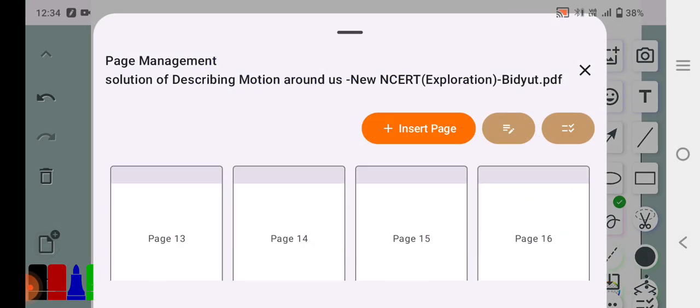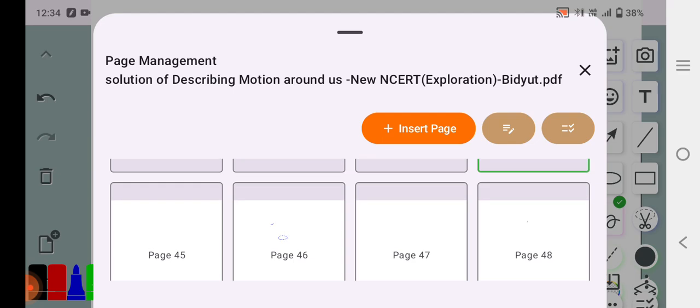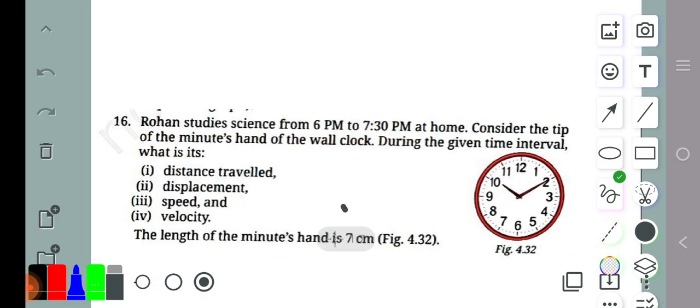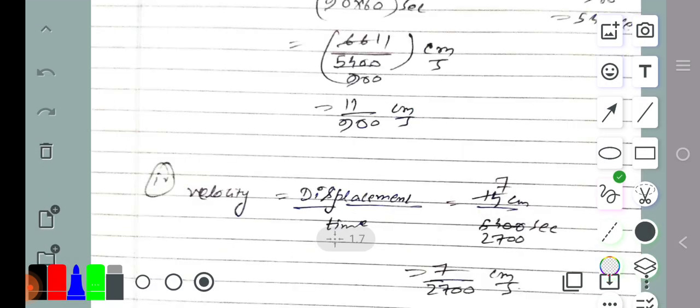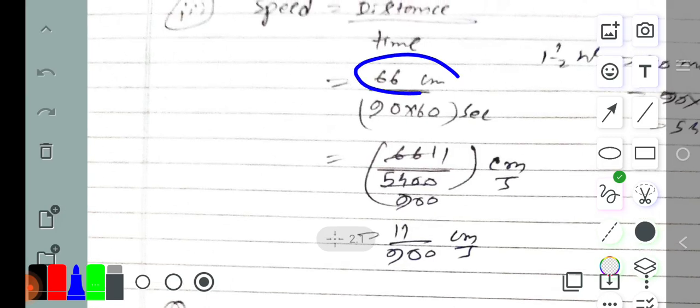Now during this 1.5 hours, the distance we have already gone, that we previously discussed, is 66 centimeter.